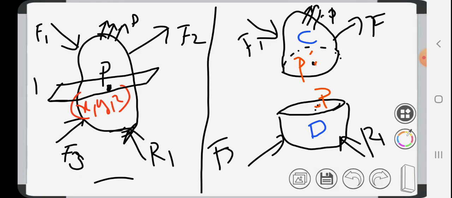So I am taking a plane 1-1 to cut this into two sections. I am applying the method of sections here to make two sections. So I will have two sections, C and D, right? C and D.